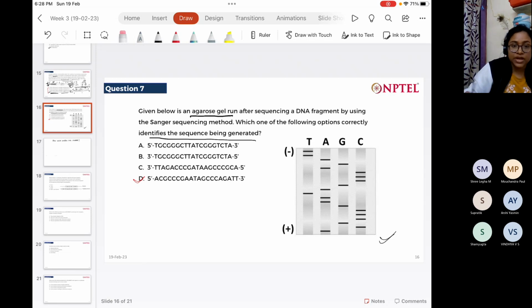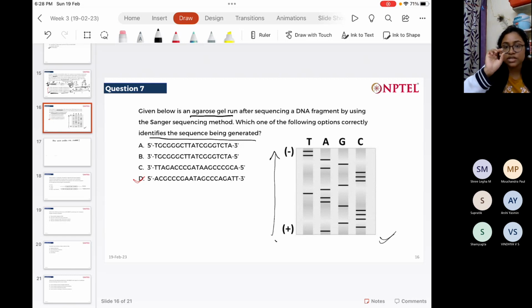We have to always read from bottom to top, in this direction. Why? Because DNA is negatively charged, right? And when we apply a positive charge, it will migrate towards the positive end.